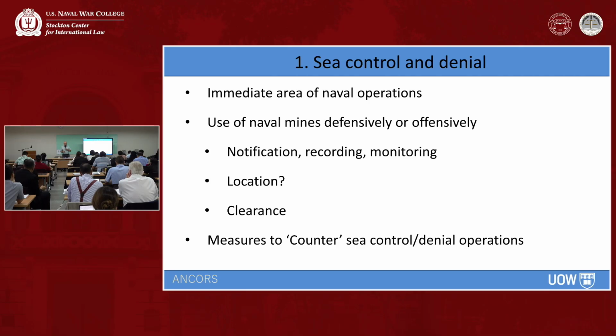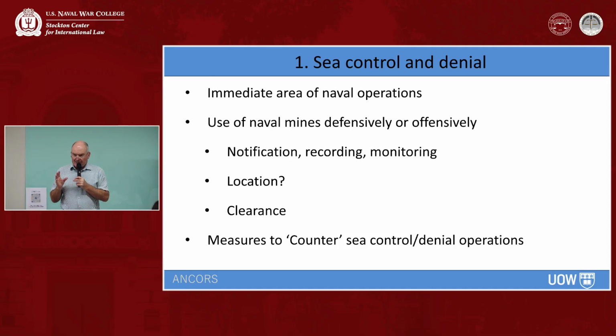So that's sea control and sea denial and some of the ways in which sea control can be sought to be put in place. And we say it very early on in the Newport Manual, you've got a situation with sea control and sea denial where you've got the naval warfare part of the law that's certainly applicable for the belligerents, but coinciding and coexisting with that are the rights that exist for neutrals in particular, and their use of the ocean as well.